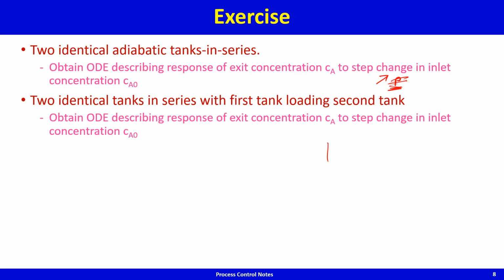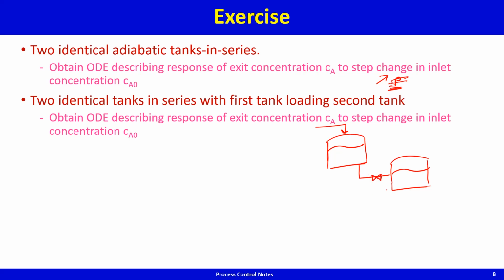In the second problem, you've got two tanks in series, and the first tank is loading the second tank. So you don't have perfect level control. What you have is the first tank loading the second tank.